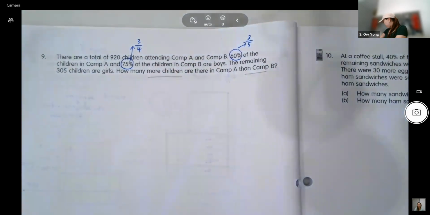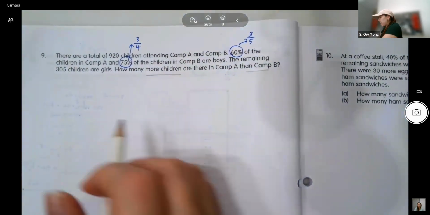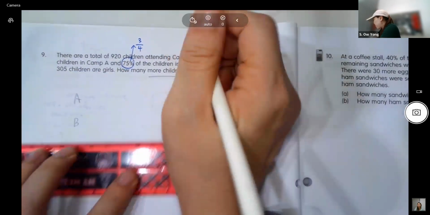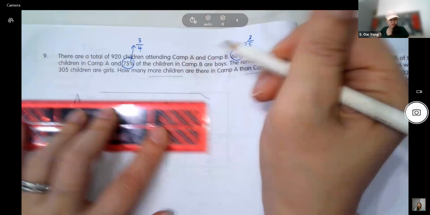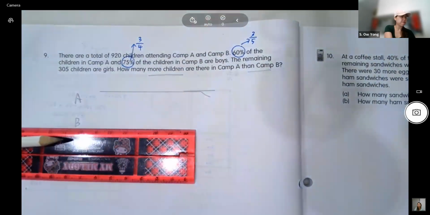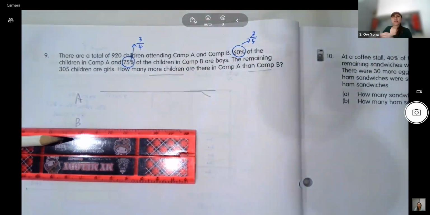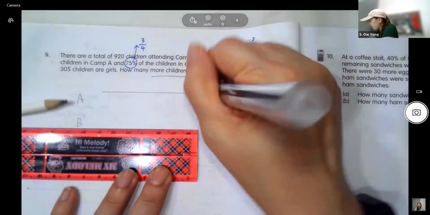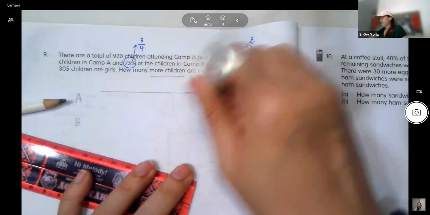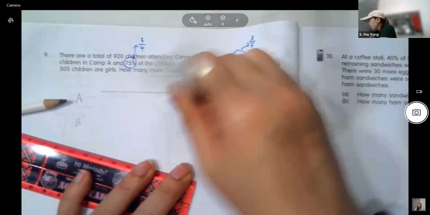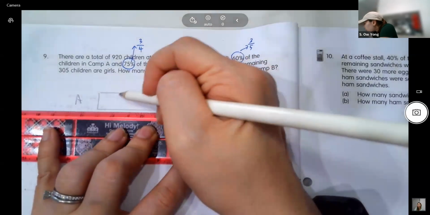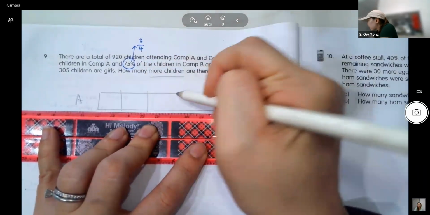Okay, so now I am going to draw A, B. I am going to draw the 5 units for Camp A. I draw big so that you can see. Okay, 1, 2, 3, 4, 5 units.